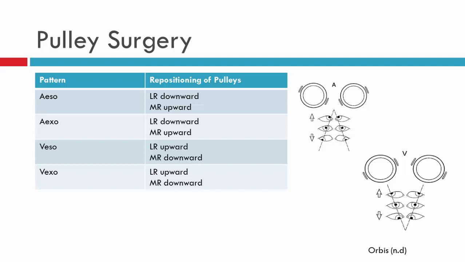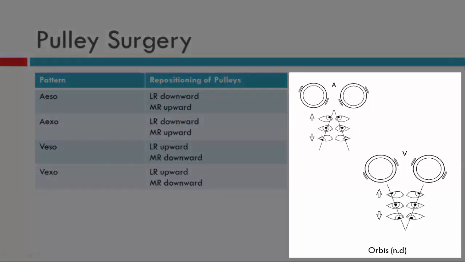Now, I've brought back the images from the etiology video where we can see here that generally with A patterns there'll be an upward displacement of the lateral rectus and a downward displacement of the medial rectus, and with V patterns it'll be a combination of a downward displacement of the lateral rectus and upward displacement of the medial rectus.